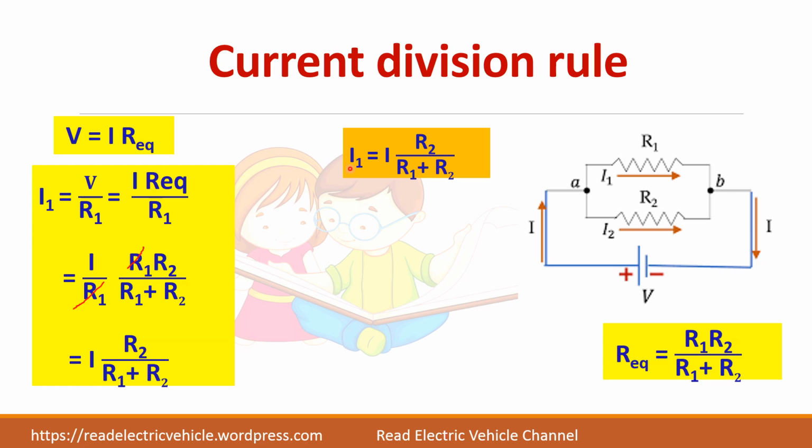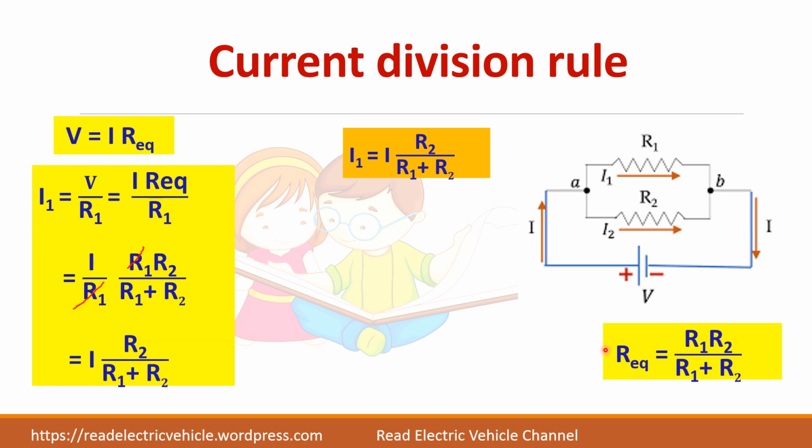So according to current division rule, the current through this particular resistor R1 is the total current I divided by the total resistance, that is R1 plus R2.